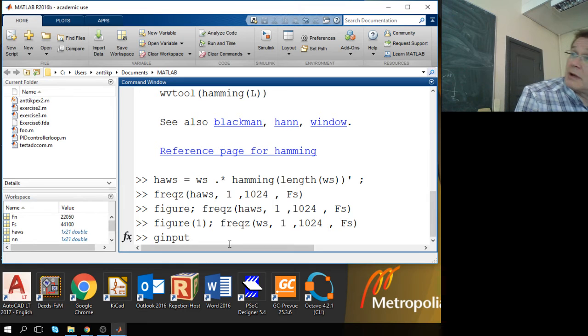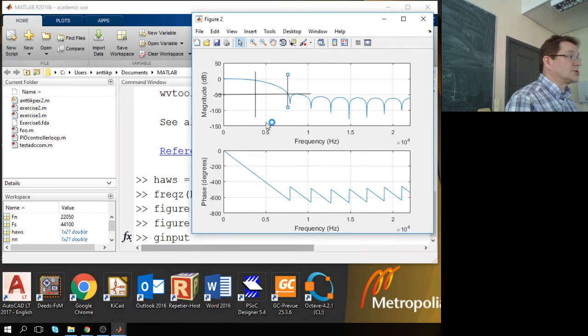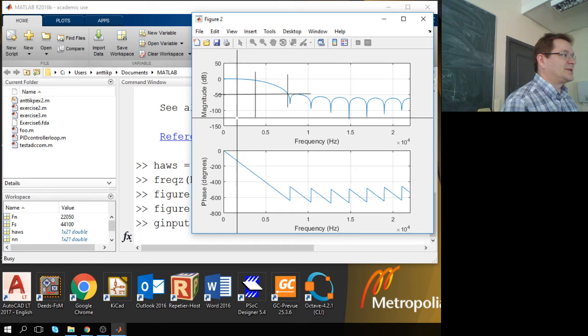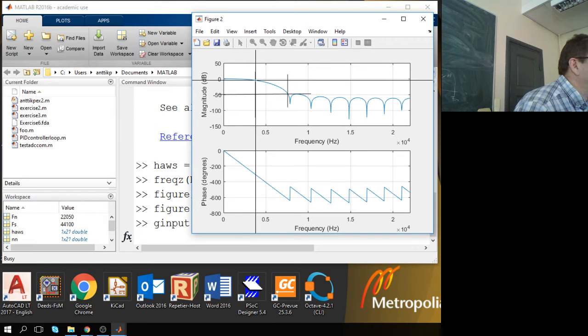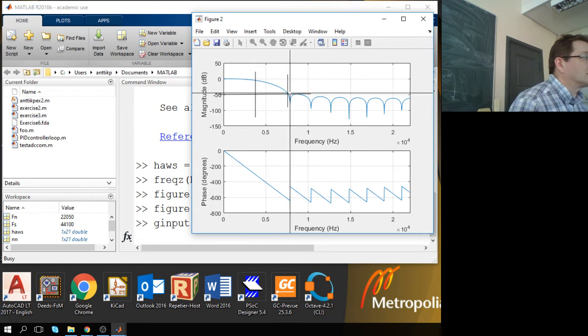values here. Okay, by typing ginput, actually you can select values from a graph, but before doing so you should actually select the graph where you do the measurement. So ginput, well, that we already know, that's 4,000 hertz. Here we have another.